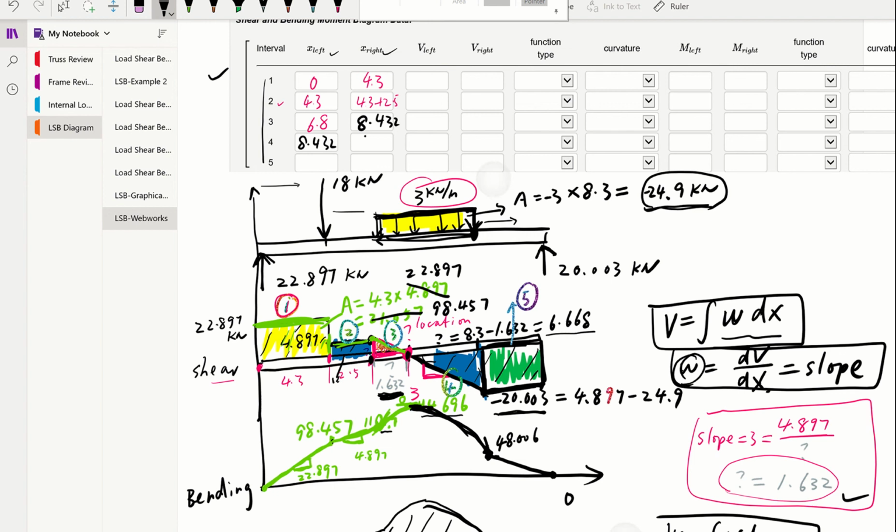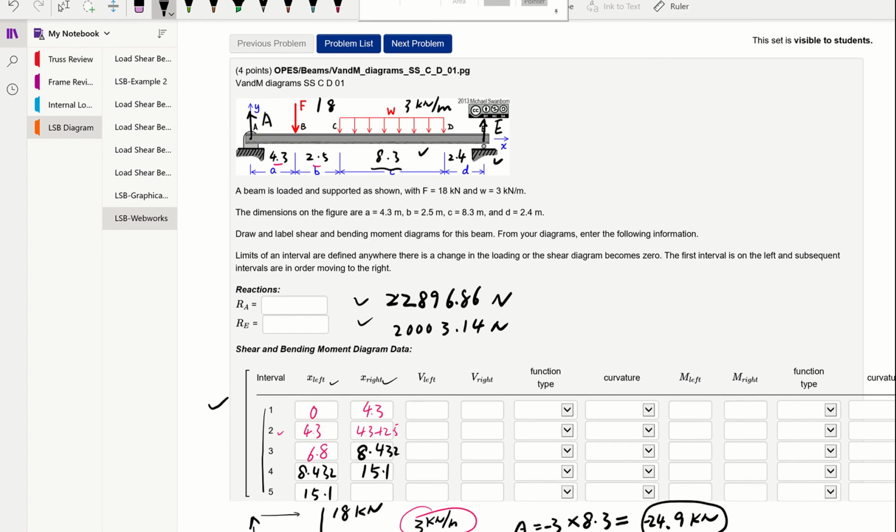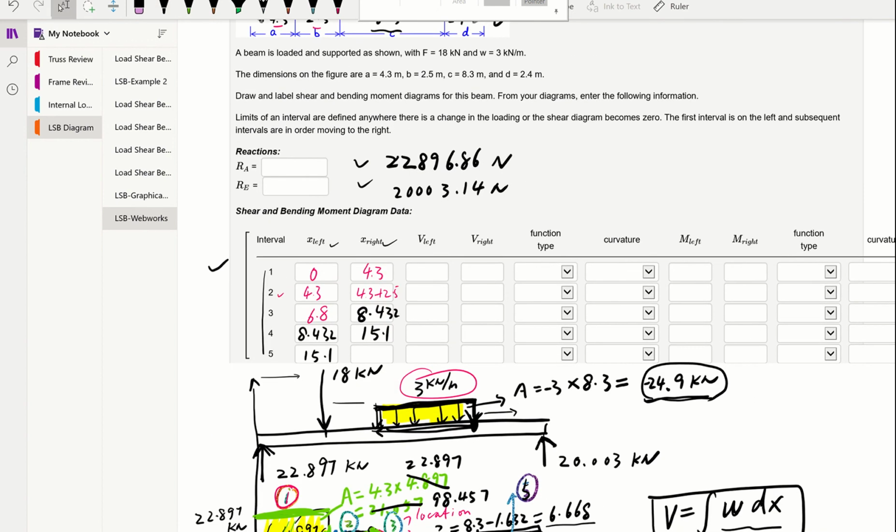That will give me 15.1. Okay. And then this will be from 15.1 for my last segment 5. And it ends at, how long is this? Let's go back. It's plus 2.4. That's going to be 17.5.